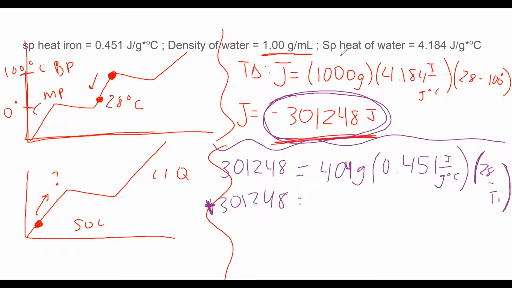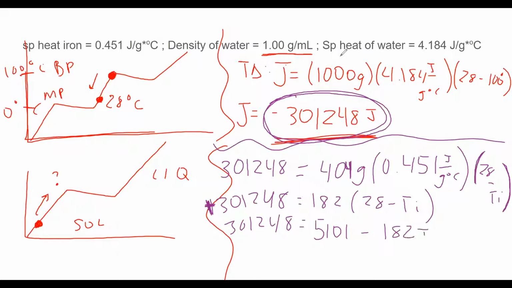So the math: 301,248 equals 0.451 times 401 times 28 minus TI. That gives 182 times 28 minus TI. Distributive property, times 28. Like in algebra, we do this. Anyway, this is how I solve it.